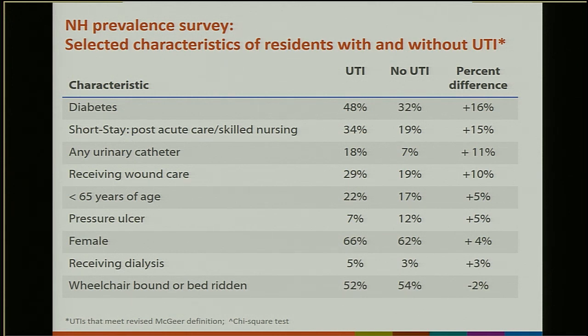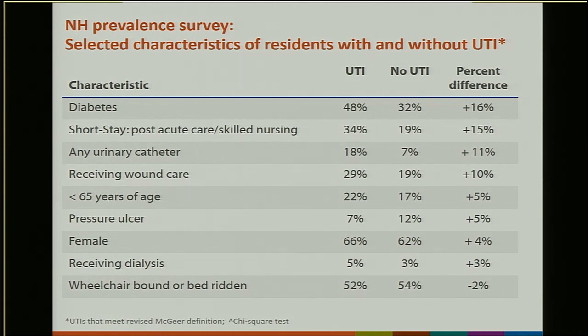So we looked at both people with a UTI and without a UTI and certain characteristics. So just to orient you to the table, in the first row are people that were identified as having diabetes.